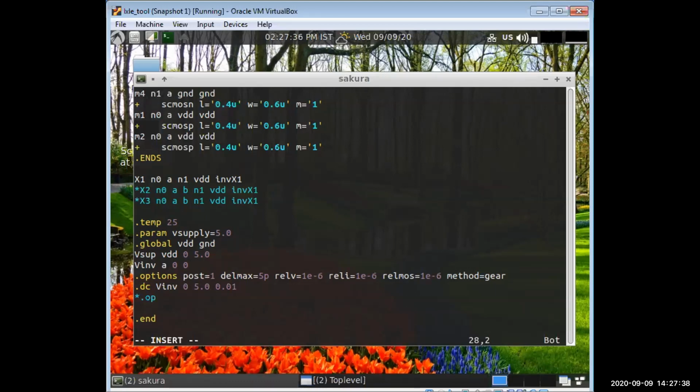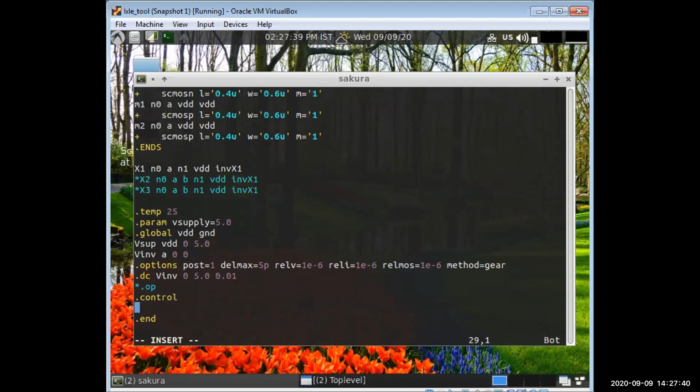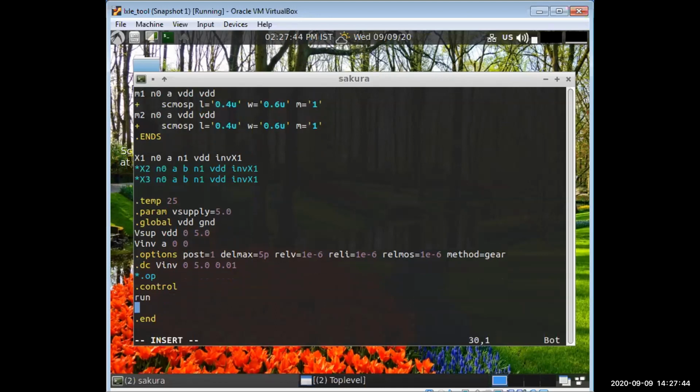Then .control, run, plot V out. Just name it here V out for our convenience. Just do here N0, you can name it out, so that you know that is the output voltage which we will be getting. Then the V in, to know where the trip point is going.